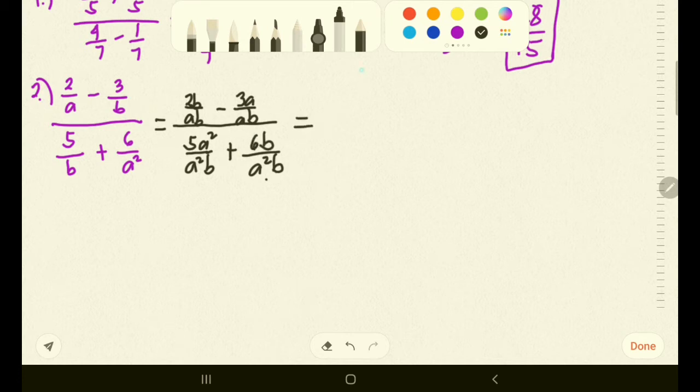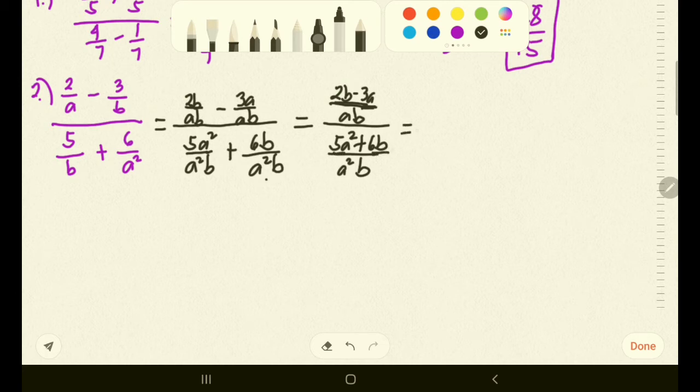So simplify: this would be ab, copy the denominator, and you have 2b minus 3a, since 2b and 3a are unlike terms. The same with the denominator, you have a squared b, and just copy the numerator since there are no like terms.